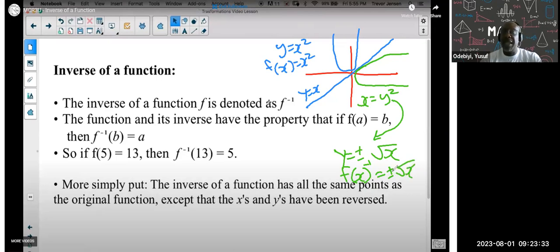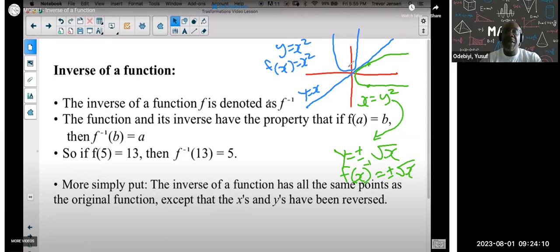Now, if I have plus or minus, that means x has to be positive inside the square root, but when it comes out it can be plus or minus. That tells me my y value, which depends on my x, has two values because of the plus or minus.